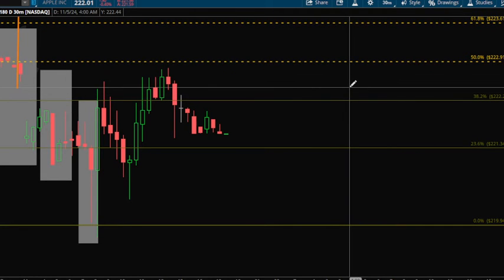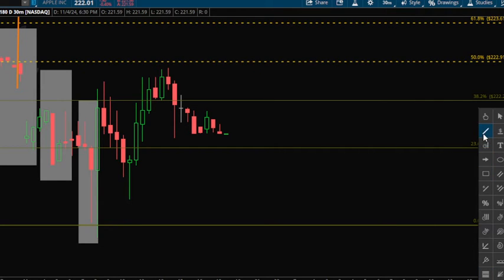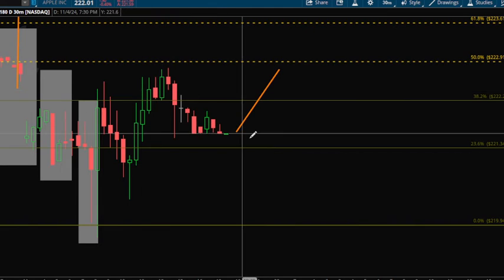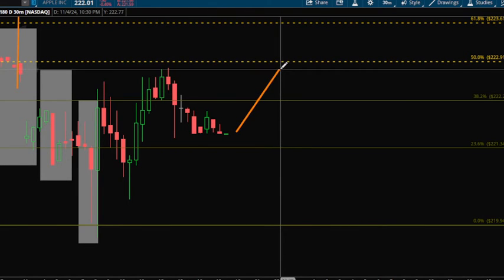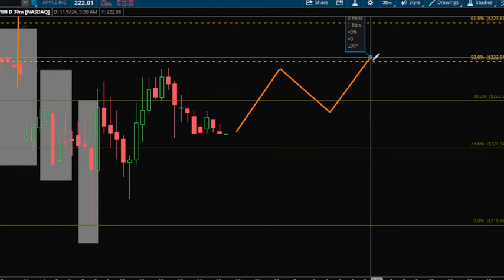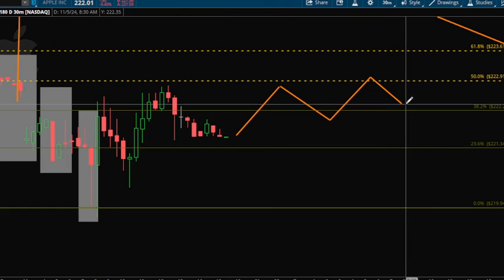Well, it'll probably gap up and then come back down or something like that. So there's A, B, C, D, and then E, and then we go up from there.